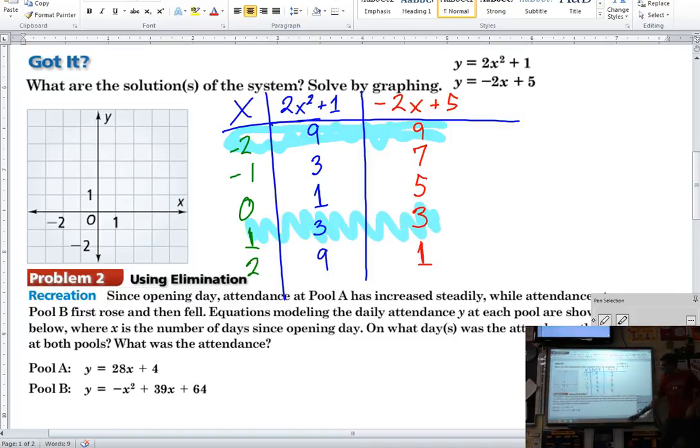But still, we could graph this. So I've got -2, 9, which is off the chart. -1, 3, 0, 1. Get the right point on the graph. 0, 1, 1, 3.